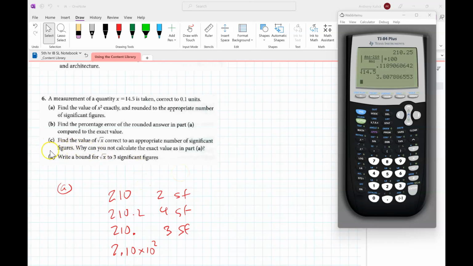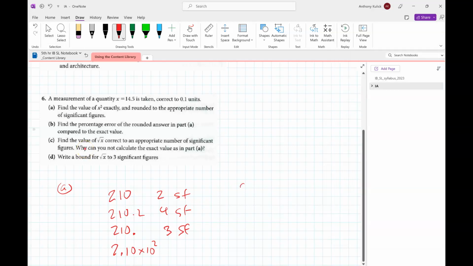And then D says write a bound for square root of x to 3 significant figures. So we said for part C that was 3.81, right? So we rounded here, correct? So for x, the biggest that could be would have been 3.8.